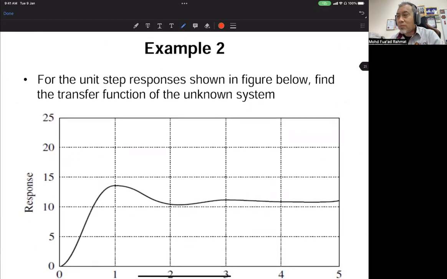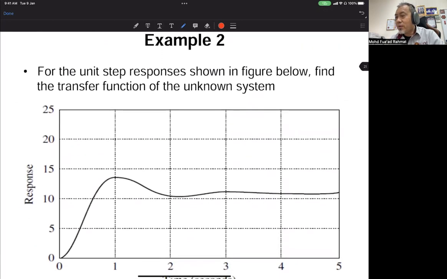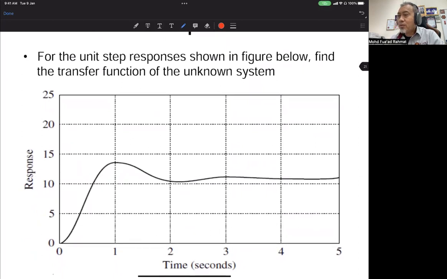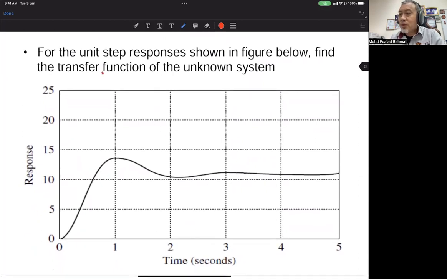We go to example 2. Same question as well: find the transfer function of the unknown system model. So data is given, then plotted.